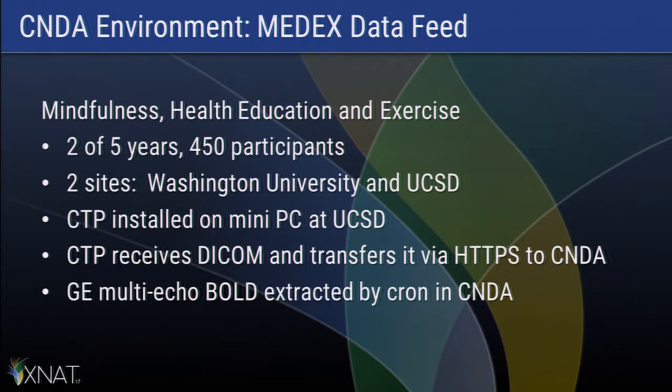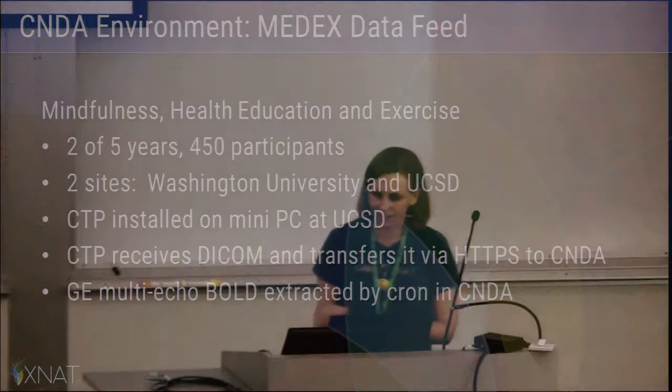After that, there's an interesting process we go through. There's something called multi-echo bold, which is becoming more prevalent, and we have to extract out the GE multi-echo bold into four echoes bold, and we have to extract out those using a cron job once we receive the data every night, which I'm excited about the event triggers because I'm hoping that can be done every time we receive one of those.